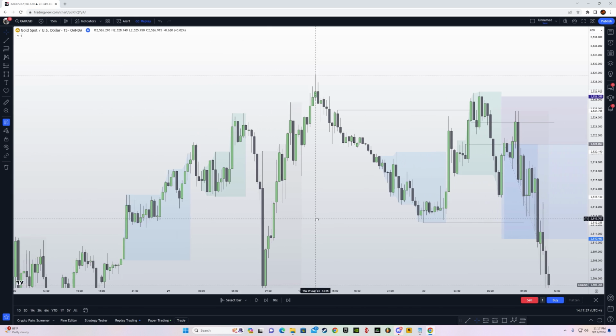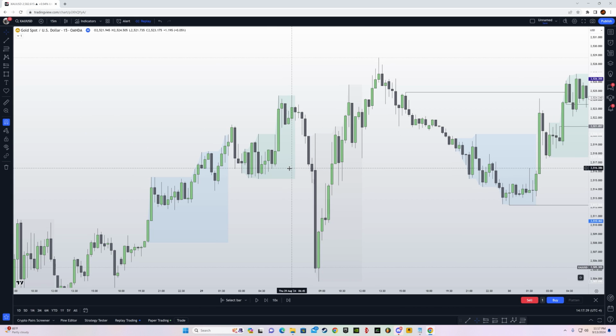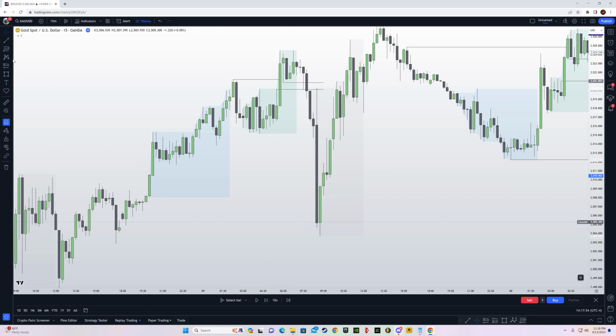All right, so over here, you can see, bro, it just happens every single day. So this is the London session start, right? No fair value gap, no fair value gap. And then out of nowhere, we have a fair value gap. We sweep the liquidity here, right? And we have this insane amount of liquidity resting here, right?